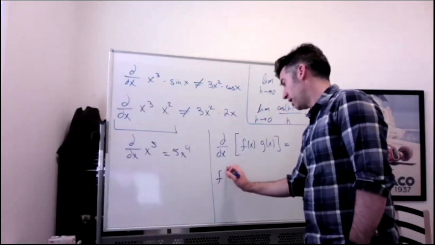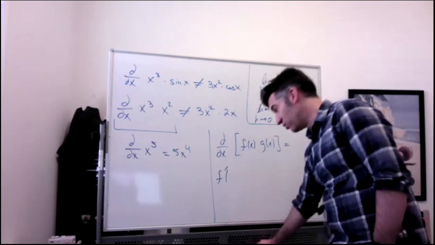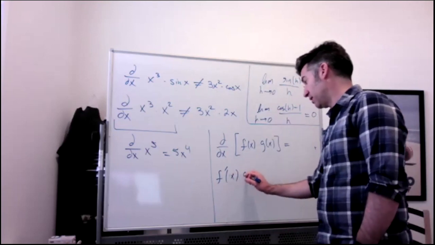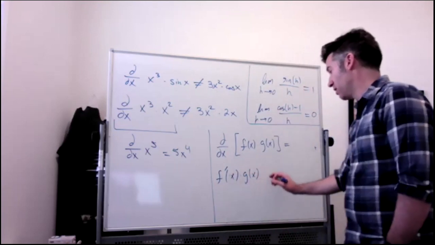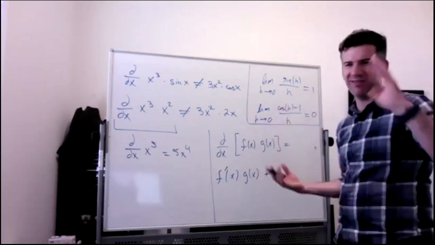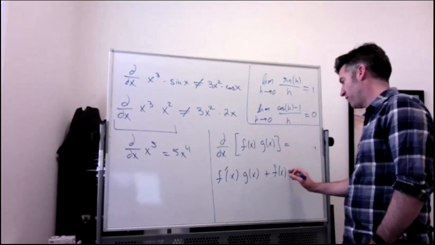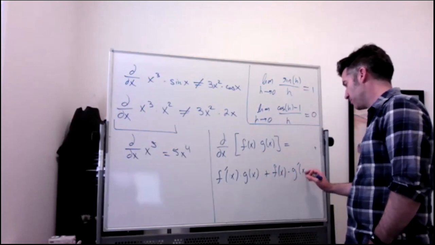Or f prime of x, the derivative of f, times the not derivative of g, plus, vice versa, the not derivative of f times the derivative of g. There's not a good way to say it.